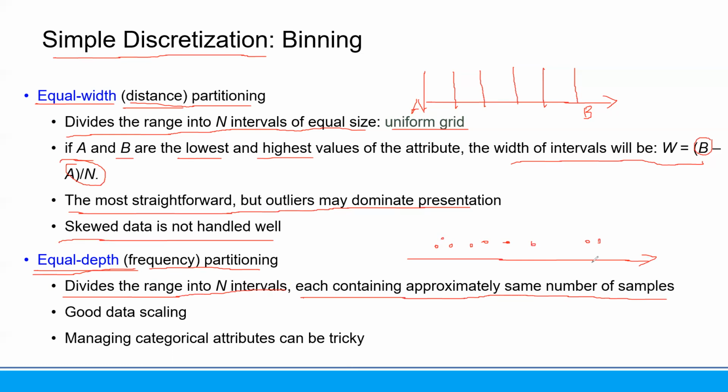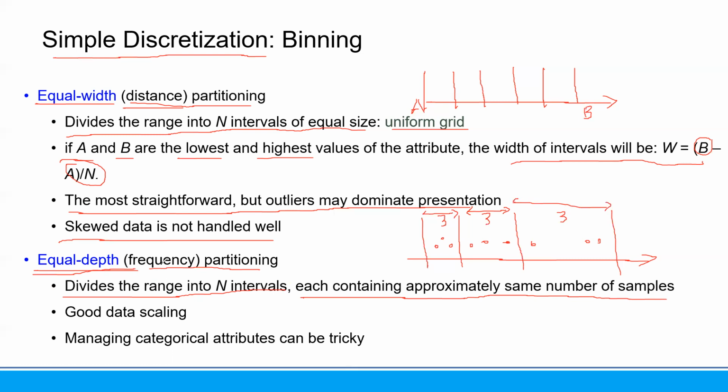If I have 9 data points, then I can make the discretization. Let's say I want to make 3 intervals, so I split here, and here, and here. So there will be 3 in this one, 3 in this one, and 3 in this one, but the width is different. This is very small, this is a little bit wider, and this is very wide.